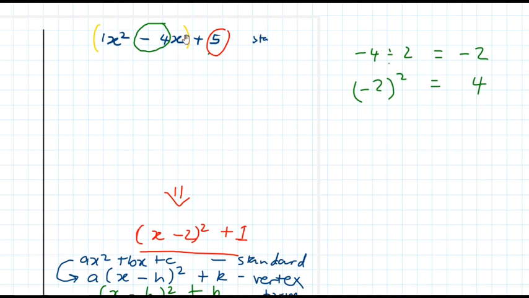Now let's add 4, because 4 helps us to come up with the complete square. So it's now x squared minus 4x, we add 4, we subtract 4, then we add 5.